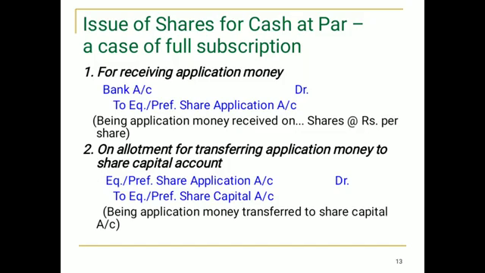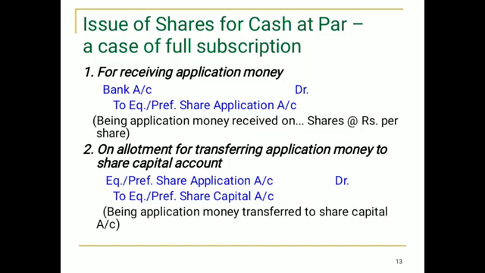Now the second journal entry. These are the applicants. You will allot them shares and you will transfer that money to share capital account. The amount received on the shares issued is always the amount of share capital.